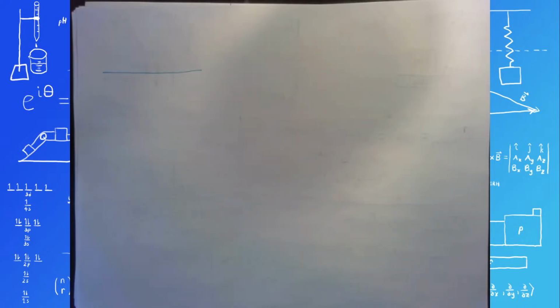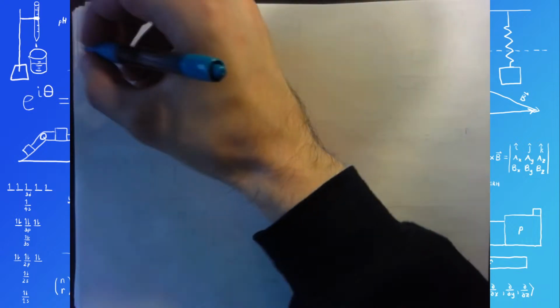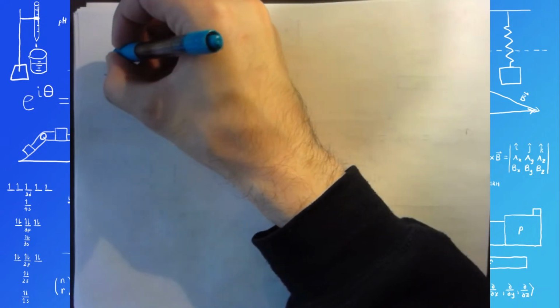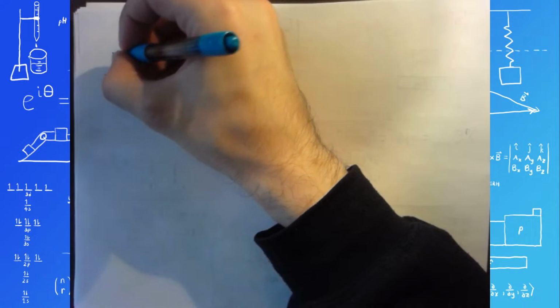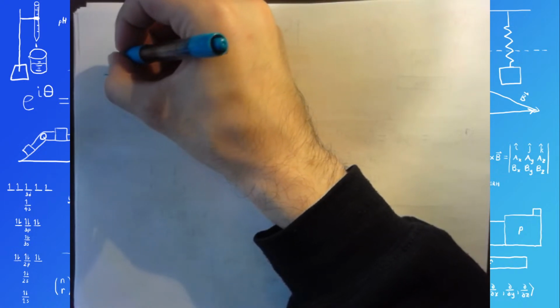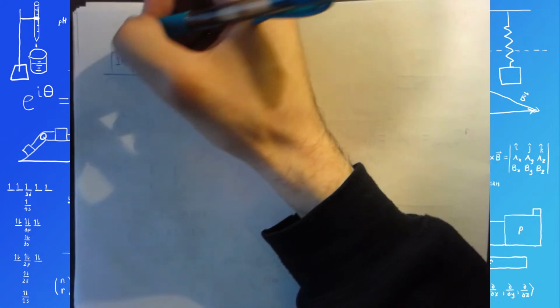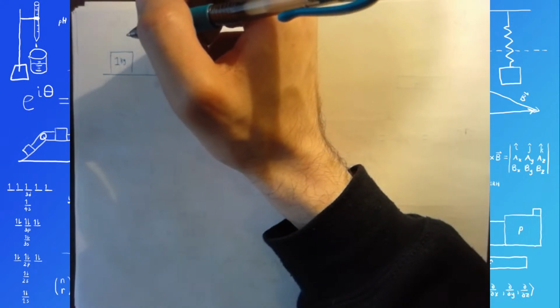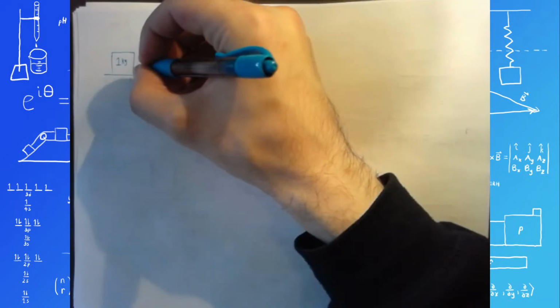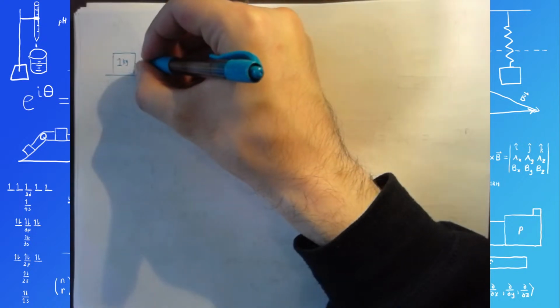So we have the floor, and then we've got a 1 kilogram object. 1 kilogram. Let's add serifs to that 1 so that it's not mistaken for an L or something like that. Then next to it is a 2 kilogram object.